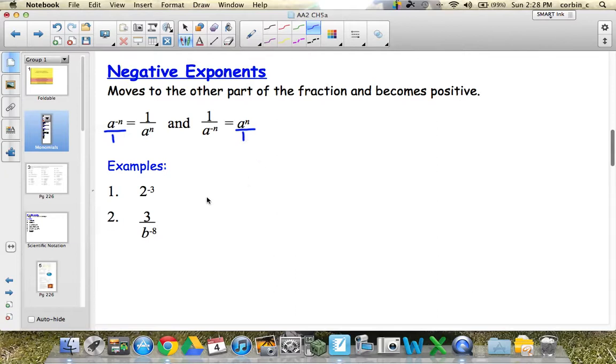So here are 2 examples for you to try. Please pause the video and try these, and we will compare in just a second. 2a to the negative third is the same thing, if we want to get rid of that negative exponent, as 1 over 2 to the third. Well, 2 to the third can be simplified since 2 is a number, so it's going to become 1 over 8.